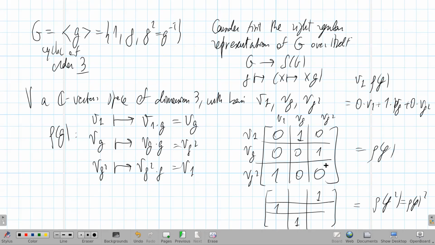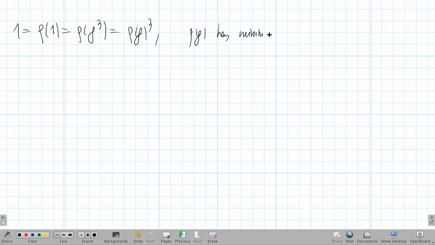But once more, with the same argument that we saw earlier, let me repeat it once. Since 1 equals rho g cube, this time g has order 3, rho g has minimal polynomial dividing, and I put divide in parentheses because it will really be s cubed minus 1, because it's a root of this polynomial.